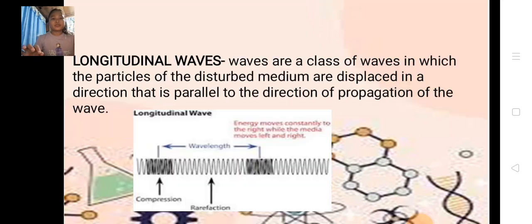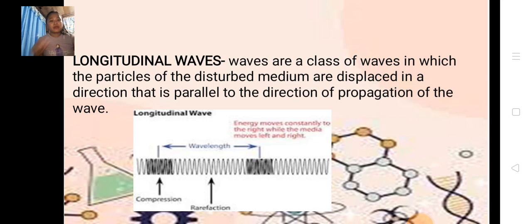Now, let's proceed to longitudinal waves. Longitudinal waves are the class of waves in which the particles of the disturbed medium are displaced in a direction that is parallel to the direction of propagation of the wave. So this is an example of longitudinal waves. So mag-start siya sa right, mag-end japon siya.